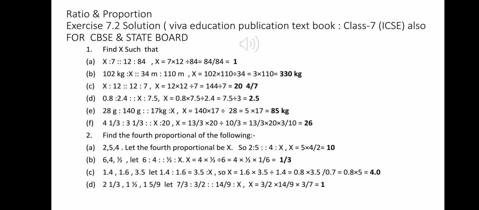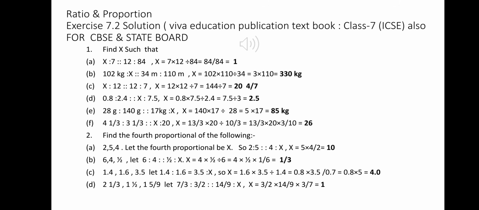Then the next is 2 1 upon 3, 1 and a half, and 1 5 by 9. So 7 upon 3 is to 3 upon 2 is to 14 upon 9 is to x. That is x is equal to 3 upon 2 multiplied by 14 upon 9 divided by 7 upon 3.